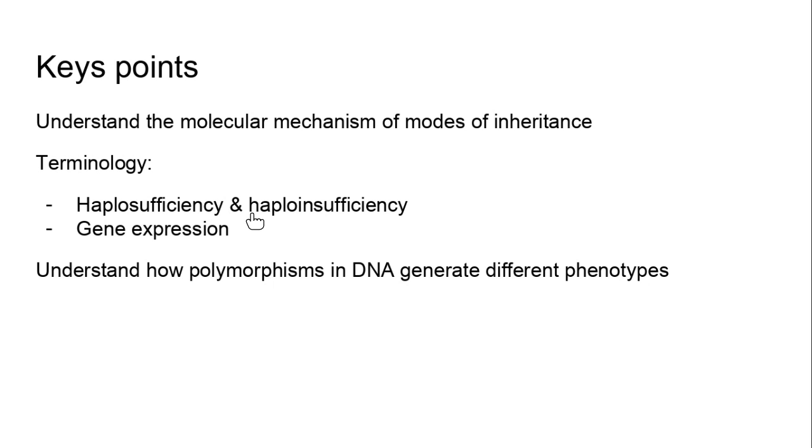And haploinsufficiency is you would have to have both alleles be the same for you to see some phenotype. So haploinsufficiency is having one allele not enough to confer, for example, the dominant trait. And you will see examples of each of these.